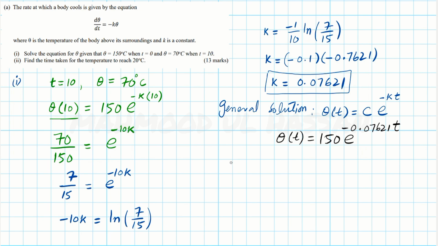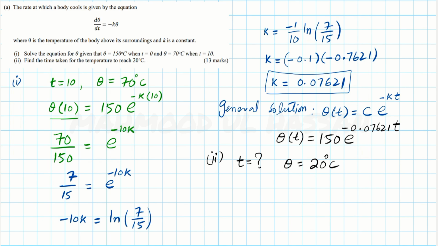Now the second part of the question is we are going to find the time taken for the temperature to reach 20 degrees Celsius. So our theta is 20 degrees Celsius.